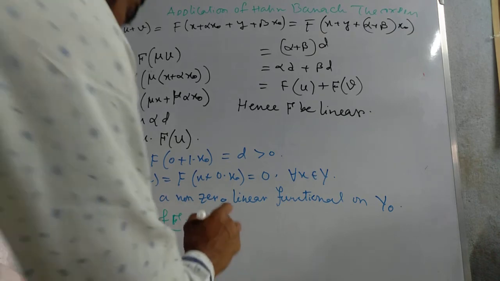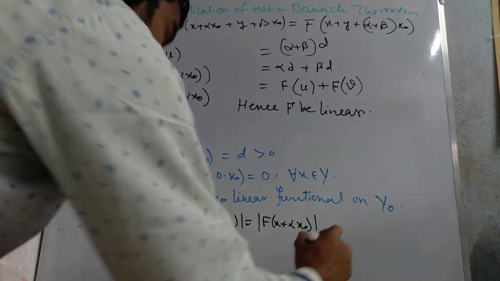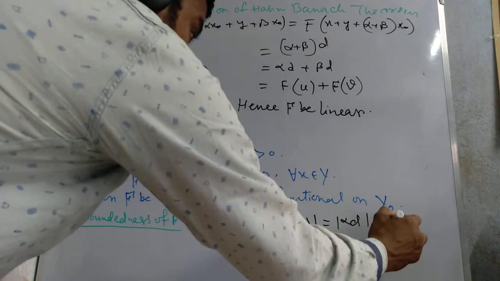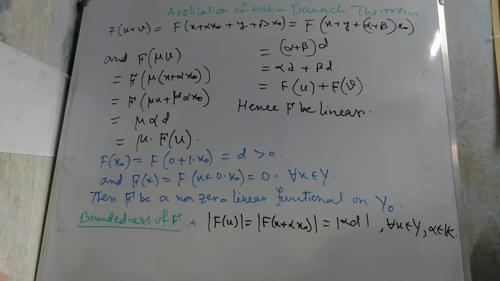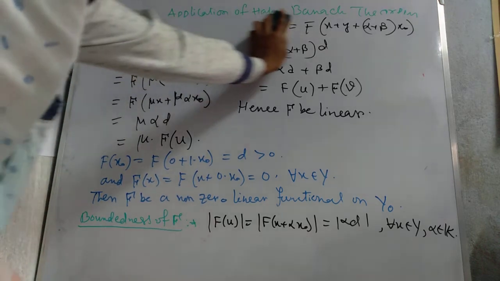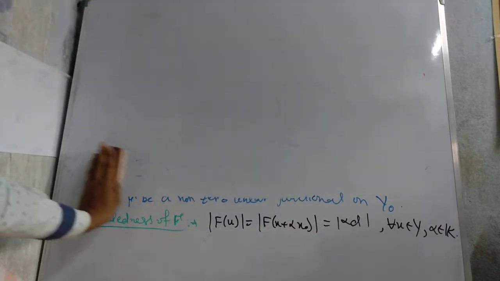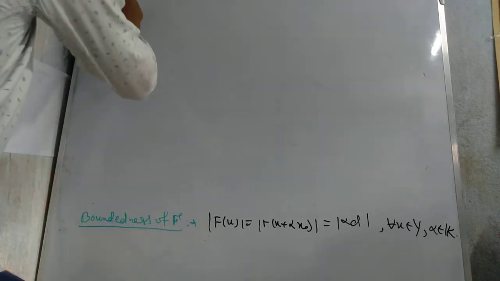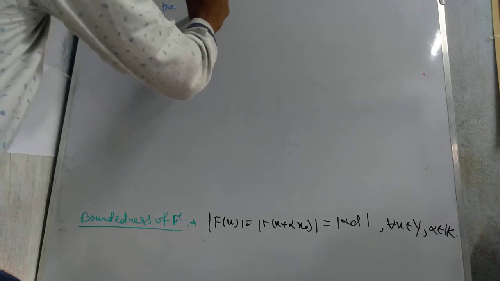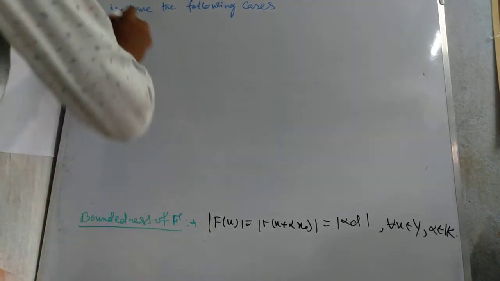The norm of f(u) equal to f(x plus alpha x0) equal to the norm of alpha d for all x belongs to Y and alpha belongs to K. Now we have the following cases.